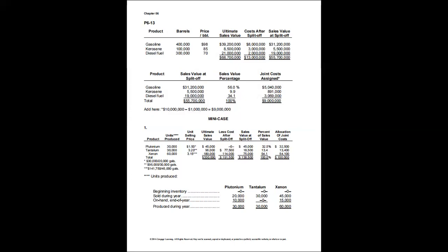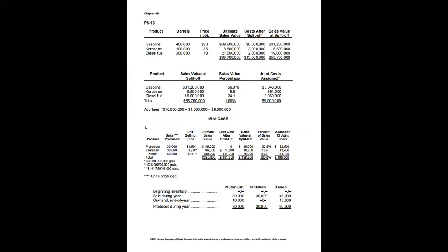For tantalum, we are given 96,000 divided by 30,000 gallons. So we take 3.20. And for xenon, we have 141,750 divided by the number of gallons sold of 45,000.